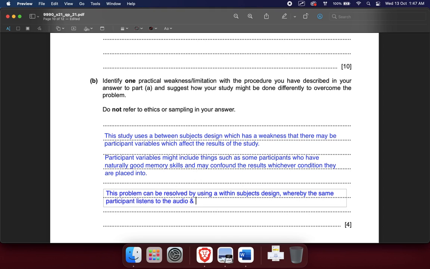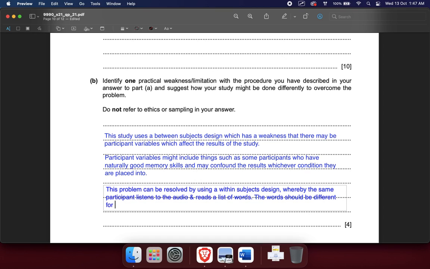Within subjects means they go through both levels, listen to audio and reads a list of words. The words should be different for the audio and the written list. Okay, now what's the strength of this, right?